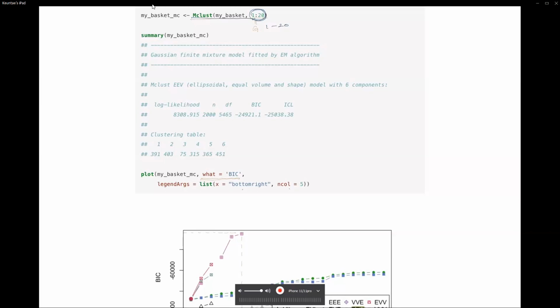Then mclust optimizes our clustering model result, and when we summarize this outcome, we can say that okay, EEV is the optimized cluster shape and volume. At that time, when we choose the EEV, the Bayesian information criteria is this kind of number, which shows the goodness of fit. And the number of clusters for the optimization is 6 clusters.